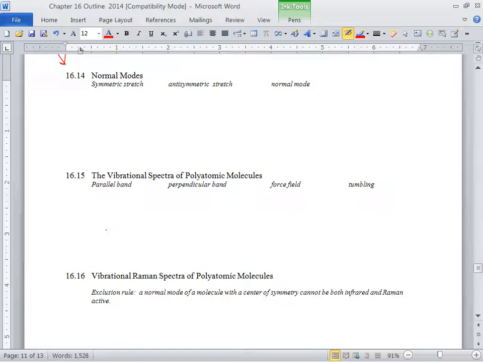Think of a water molecule vibrating. This is the oxygen atom, and these are the hydrogens, and it's undergoing this vibration, for example. There are so many different vibrations. The idea of a normal mode is that you can excite only this vibration and not any of the other vibrations. You can excite a normal mode, and it won't interact with any of the other vibrations.